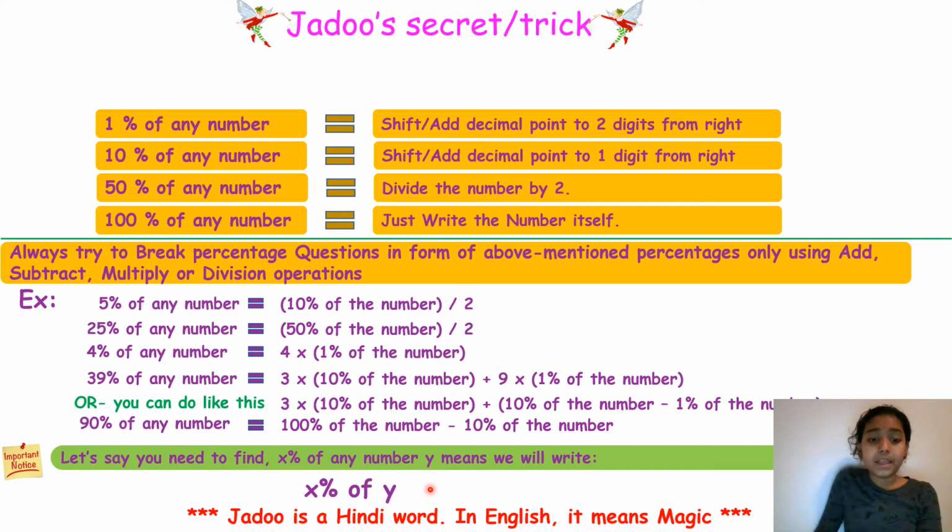For example, here x means 5% and y means 7, so 5% of 7. You can write it like this or 7% of 5, right? Both are the same, correct? Yes, it is.